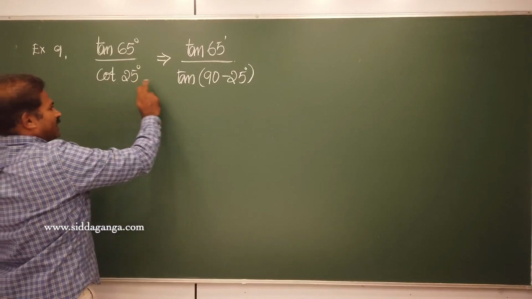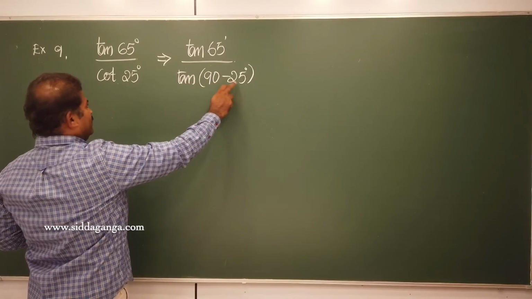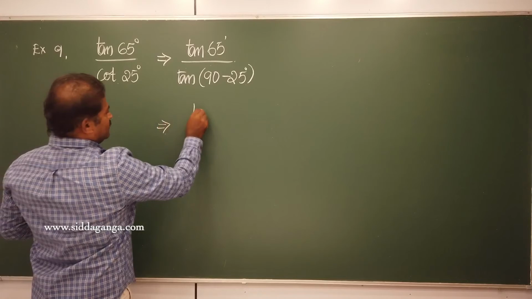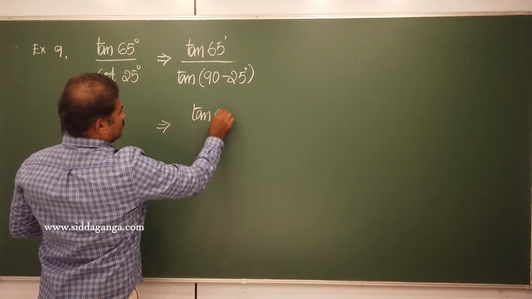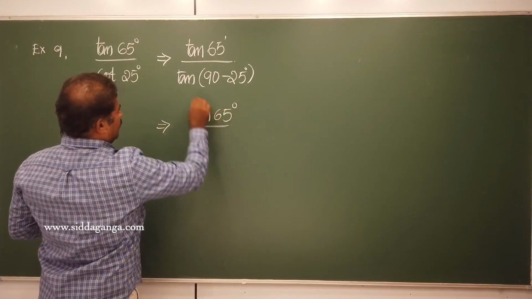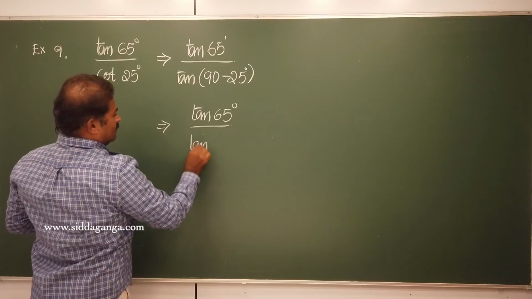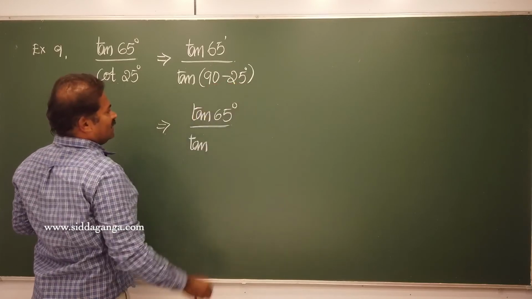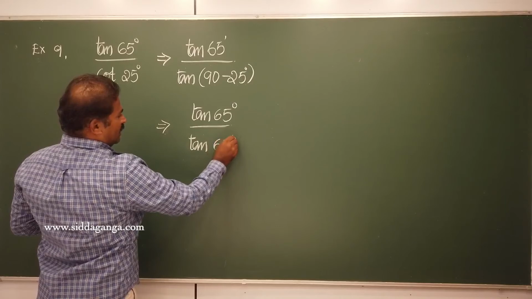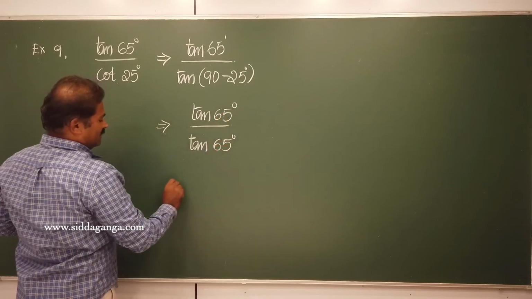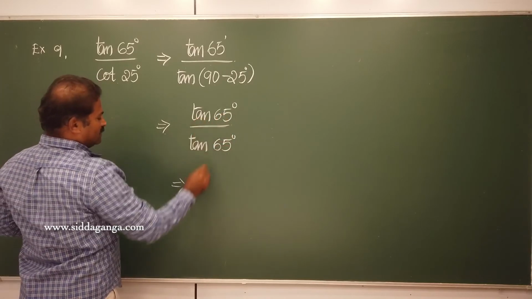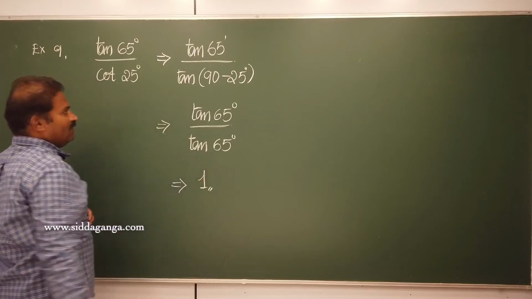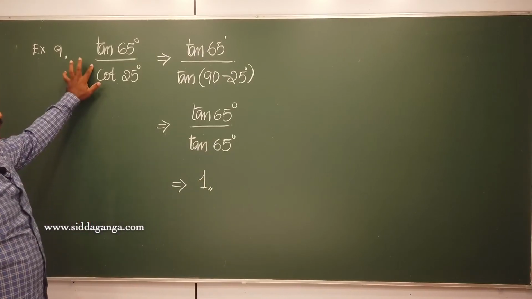So if I have 25 degree, you write the same 25 degree here. Now this is tan 65 degree divided by tan(90 minus 25 degree), and 90 minus 25 degree is 65 degree. So you have 65 degree for tan, and both the values are the same. You can divide, and the value of this is going to be 1.